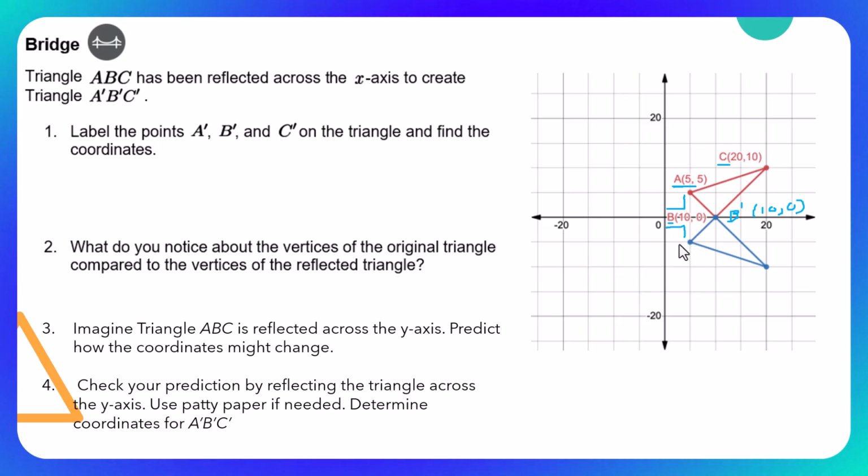We're going to go down the same distance. So A prime is 5, negative 5. Okay, and now C prime, we're going to go across 20 and down 10. C prime is 20, negative 10.